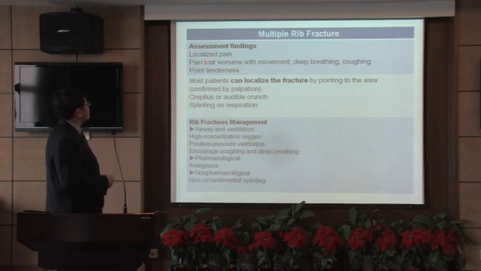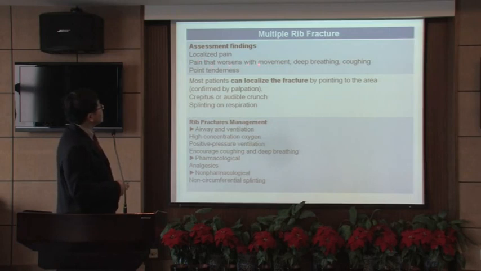The first is localized pain, pain that worsens with movement, deep breathing and coughing. Always there is point tenderness, a specific point where, when we touch, the patient will feel the pain. Most patients can localize the fracture by pointing to the area, confirmed by our palpation. Crepitus and ecchymosis we always see in the patients.